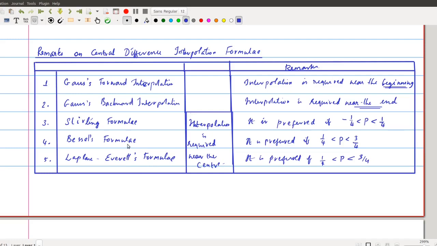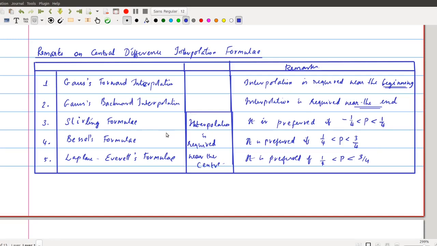You can choose one of these formulas for interpolation required near the center. If you use these preferences, then you can get a more accurate or more easily convergent solution. So these are some remarks on the five central difference interpolation formulas.